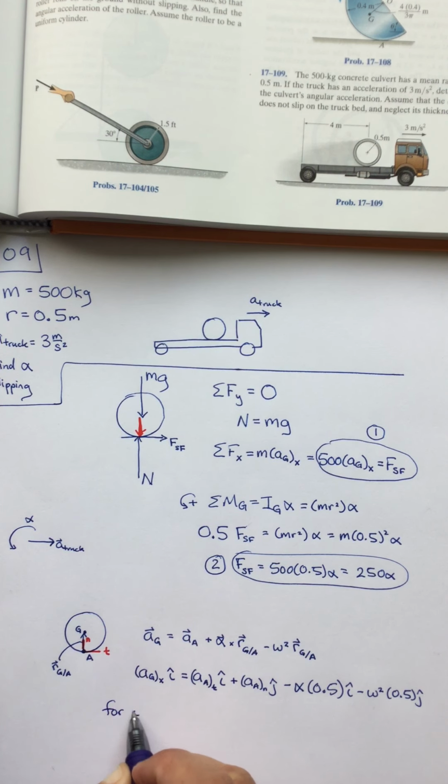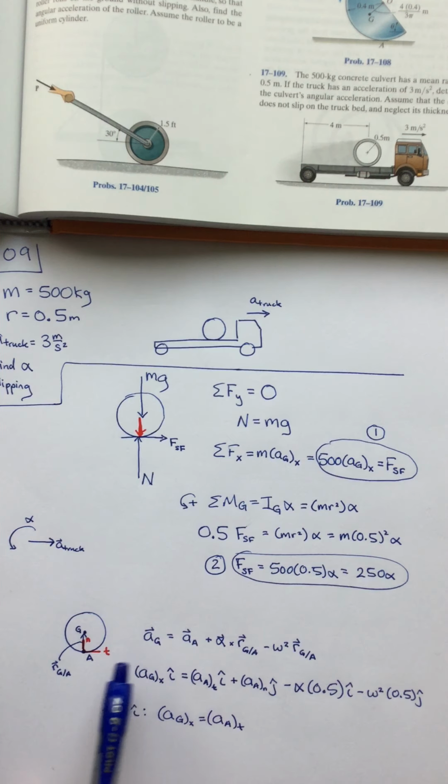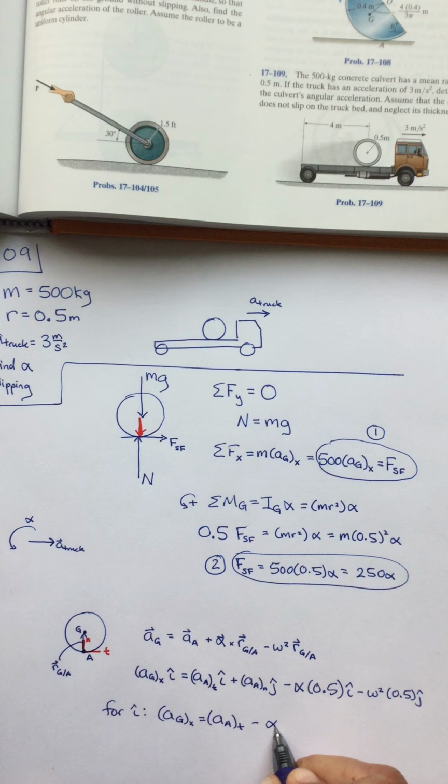So for the i hat components, I have the x component of the acceleration of the mass center, and that's equal to the tangential component of the acceleration that's pointing to the left for point A minus the angular acceleration times 0.5.